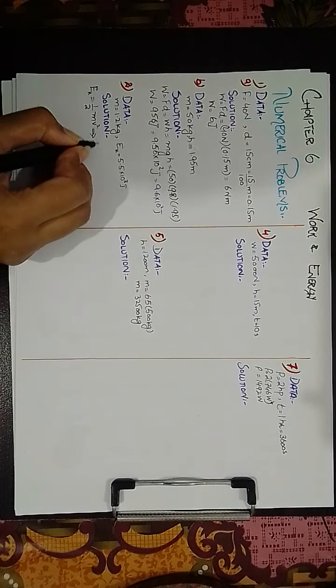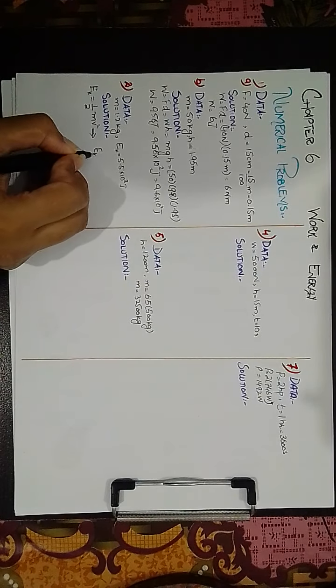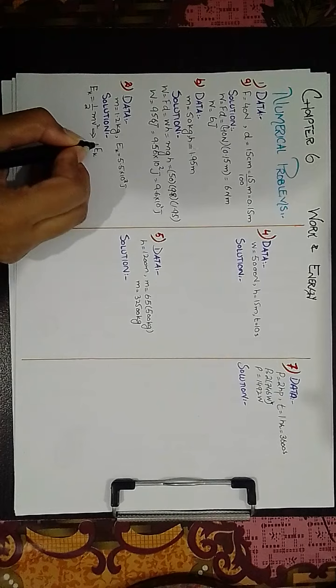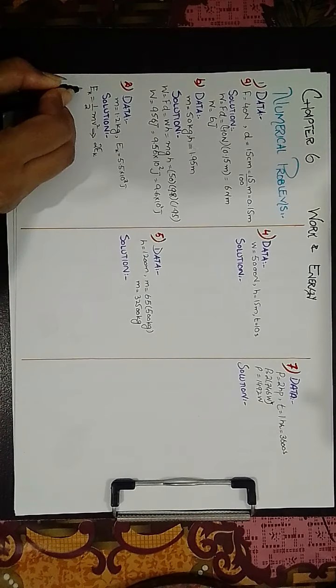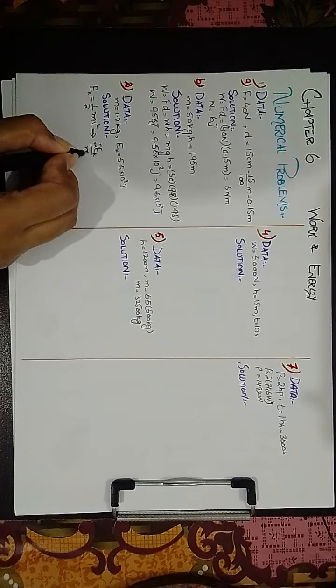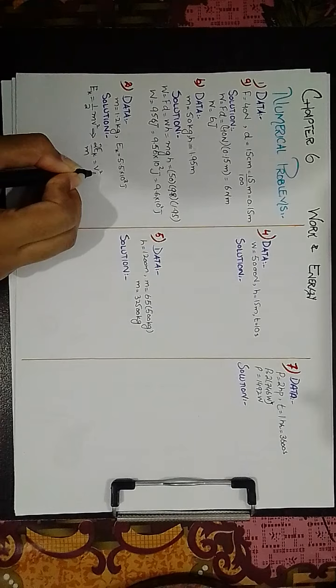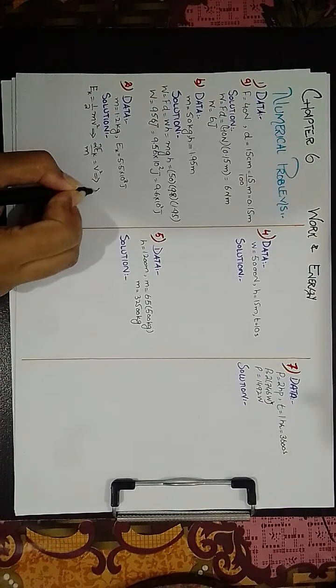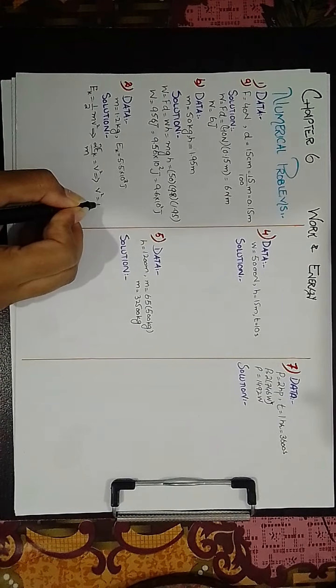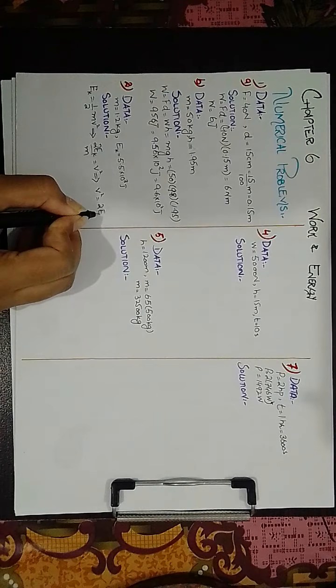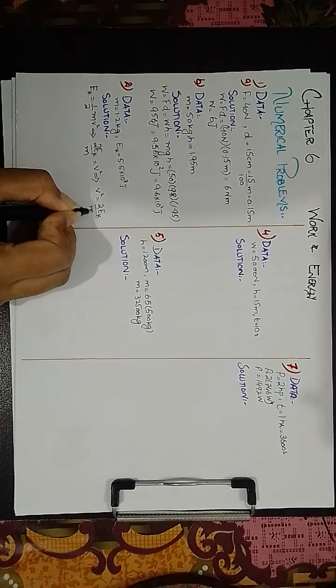So it would get 2 k multiplied and m would get divided by k equals v square, or we can write it as v square equals 2Ek by m.